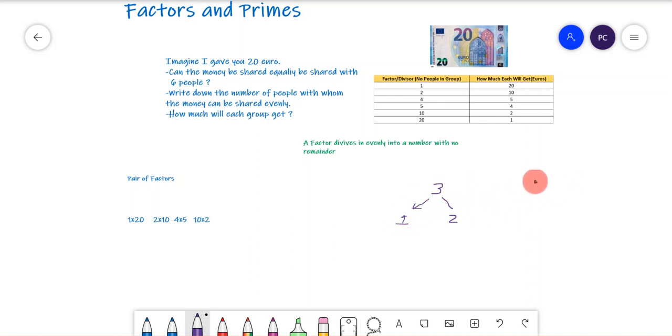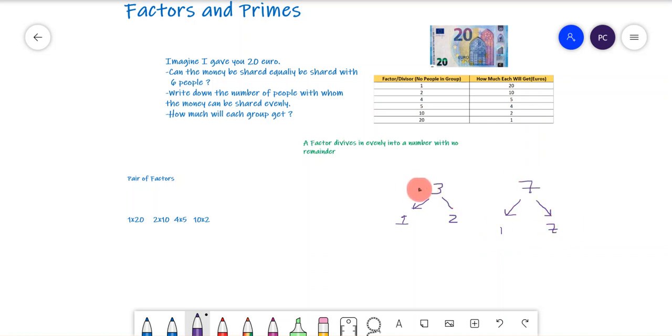Also, if you take the number 7, for example, just pause the video and get the factors for 7. What you'll notice is that 7 also only has 2 factors. It has the number 1 and 7 itself.